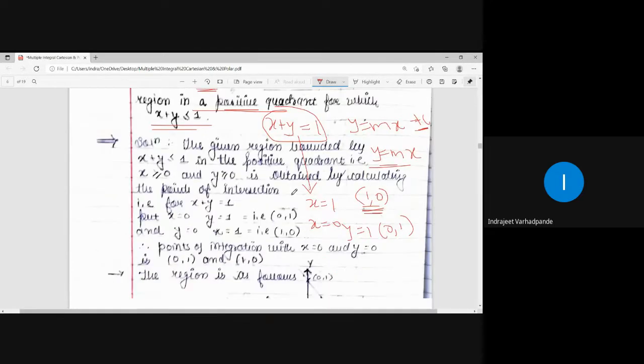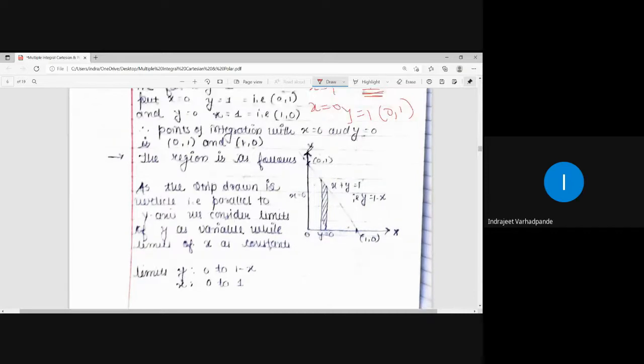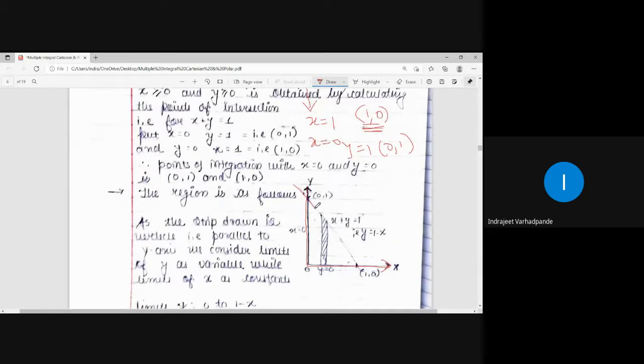So after that, I draw it. This is a Cartesian coordinate system, y-axis, x-axis. This is the line x plus y is equal to 1, which is cutting the x-axis at point 1 comma 0 and cutting the y-axis at point 0 comma 1. So in the first quadrant, the region bounded by this particular line, the x-axis and the y-axis, is nothing but this portion which I am shading over here.